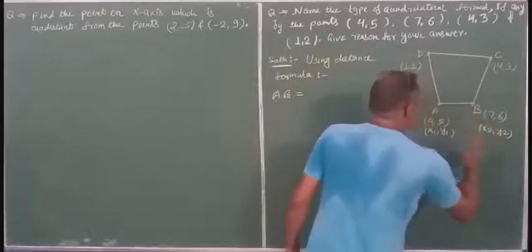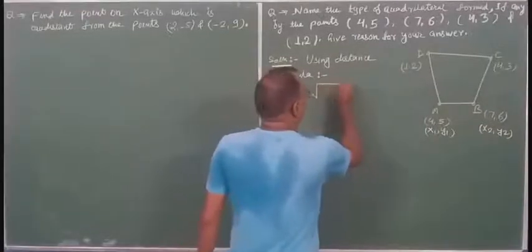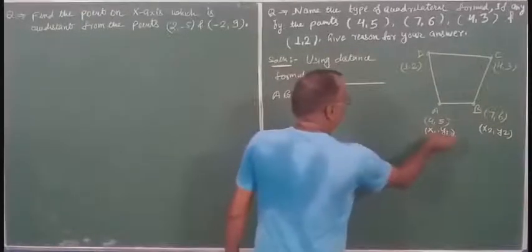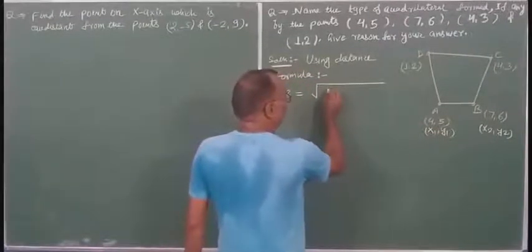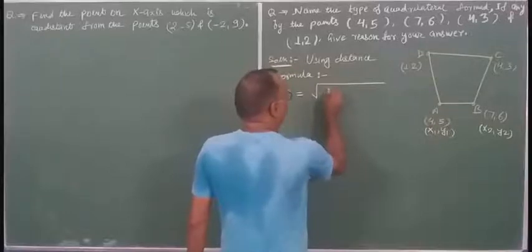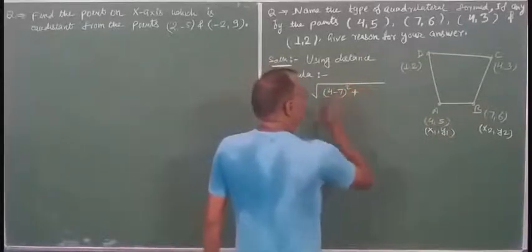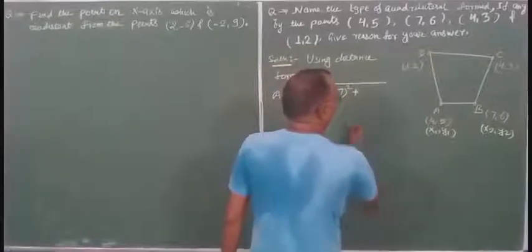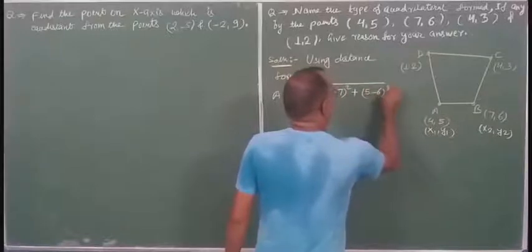So just use this distance formula: under root, x1 minus x2 whole square, that is 4 minus 7 whole square, plus y1 minus y2 whole square.